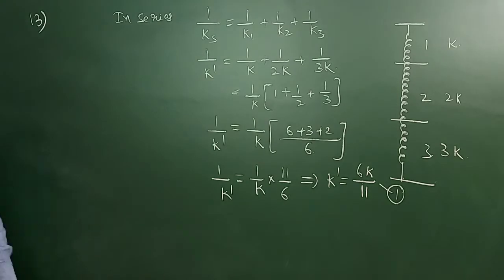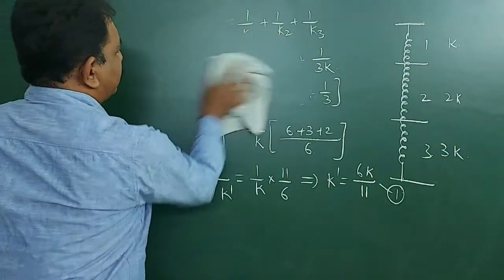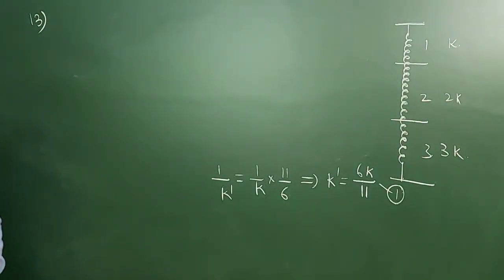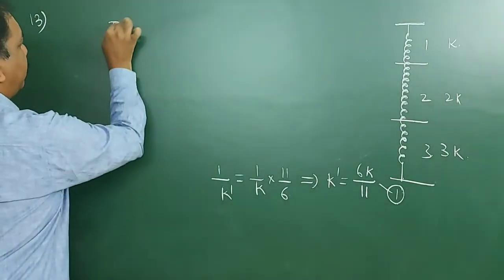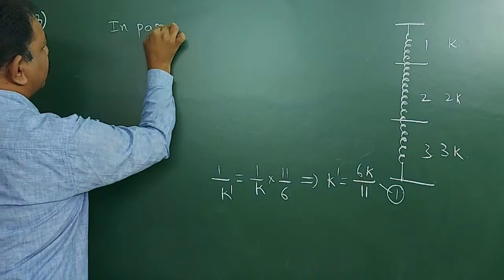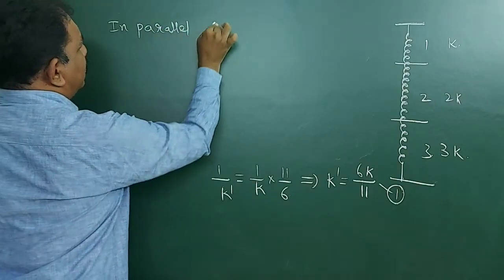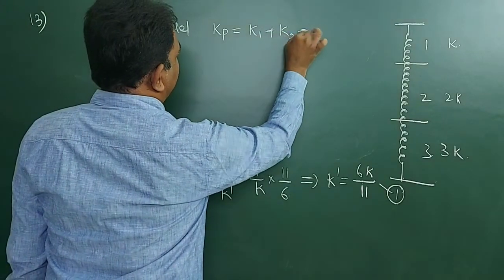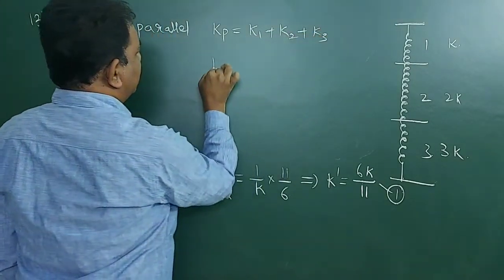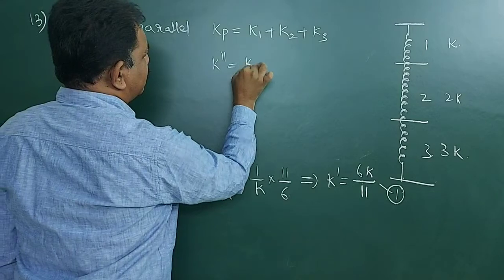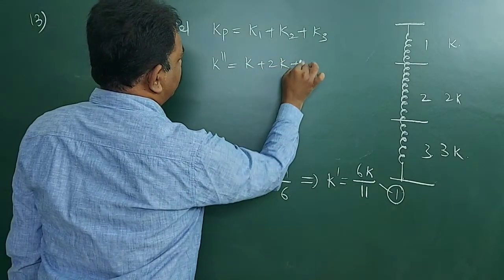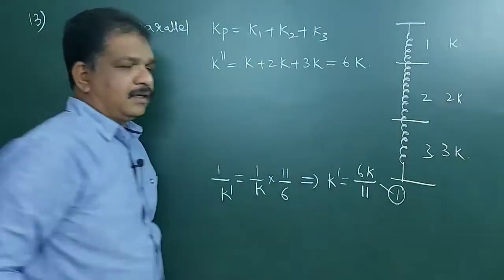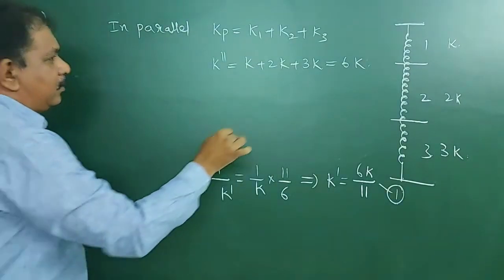When they are in parallel, Kp is equal to K1 plus K2 plus K3. K double dash is equal to K plus 2K plus 3K. It becomes 6K.